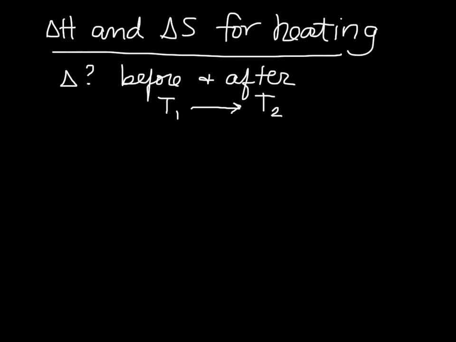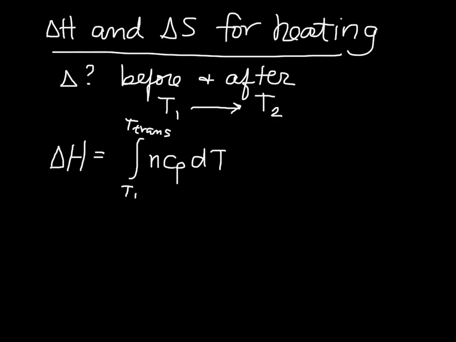If we have a phase transformation, we have to remember to include that in our calculation. If not, we can write the expression for the change in enthalpy as the integral from T1 to T2 of nCp dT. If we do have a phase transformation in there, then instead of writing T2 there, we would write T transformation.